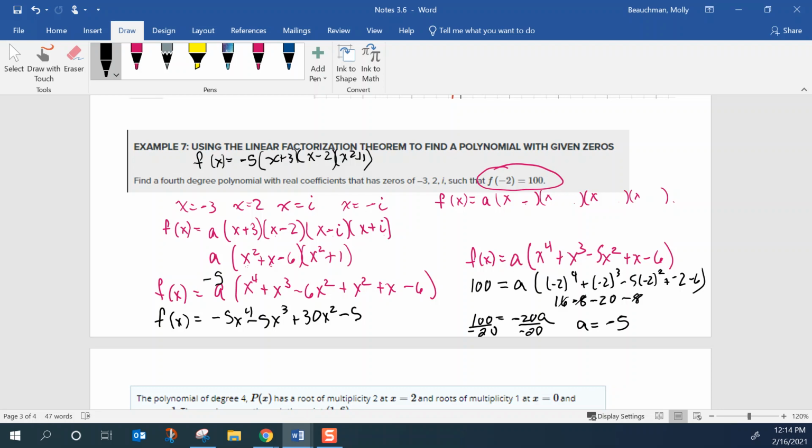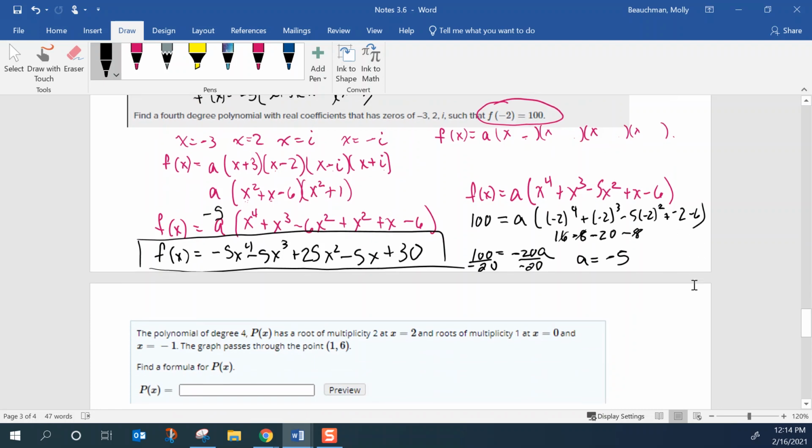I'll use this one. So negative 5x to the fourth minus 5x cubed. Negative times a negative is plus 25x squared minus 5x plus 30. So there's the polynomial in long form multiplied out and the polynomial in factored form without complex numbers.